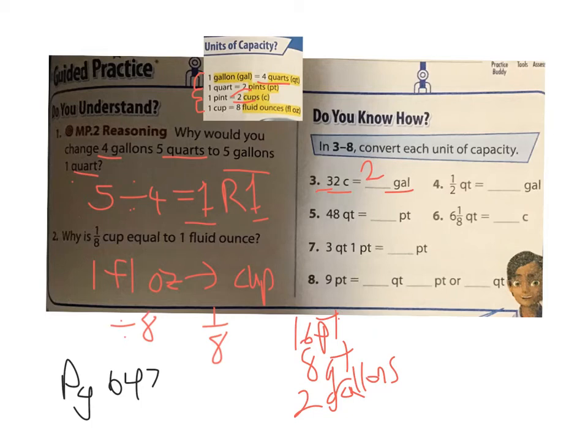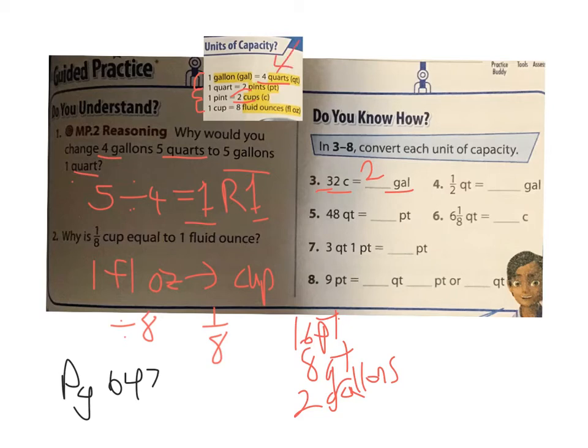The rest of these are actually easier compared to that. Half a quart to a gallon. Which one's bigger, quarts or gallons? Well, quarts are smaller than gallons, so I'm going to go ahead and divide. If we look back up here again, I'm going to divide by 4.